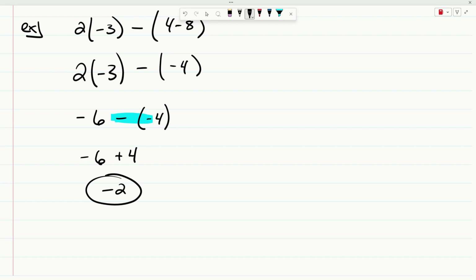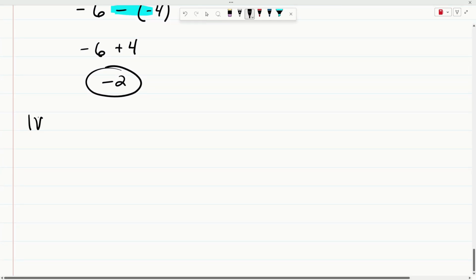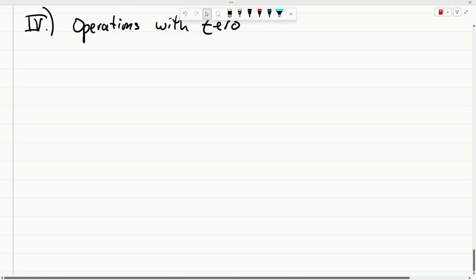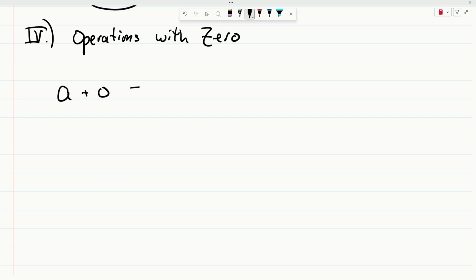The next example we're going to go over deals with operations with 0. All right, so once again, this is one of those things where you see operations, you should be thinking add, subtract, multiply, divide. So the literal numbers, a plus 0 equals a.